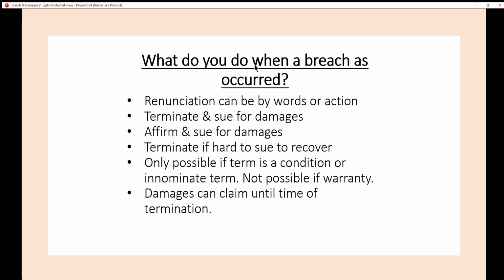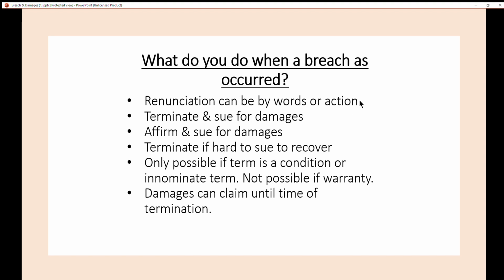What do you do when a breach has occurred? When one party renounces the contract, renounce means he breaks the contract. He can break it by words, he says I'm not going to do this anymore. He can break it by action, meaning he never goes and does it.